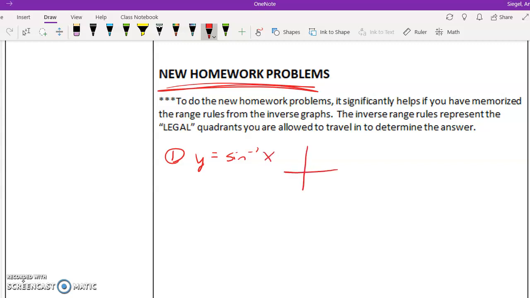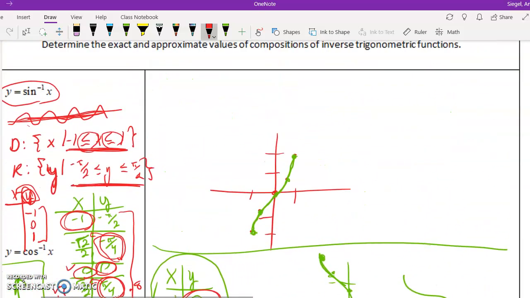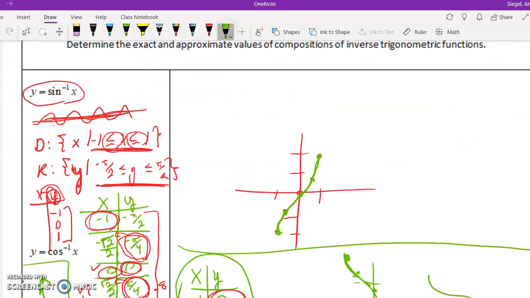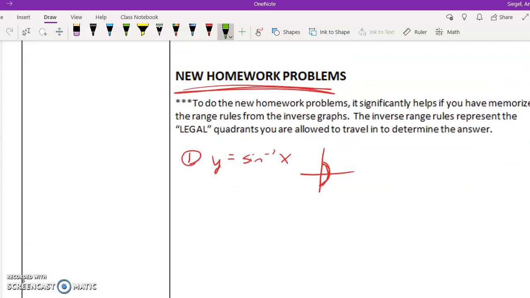Okay, so for sine, let's go back up here and I'll show you what I'm talking about. So right here it's going from negative pi over 2 to positive pi over 2. So that means it's going from negative 90 degrees to positive 90 degrees. So the quadrants that we're talking about are 1 and 4.